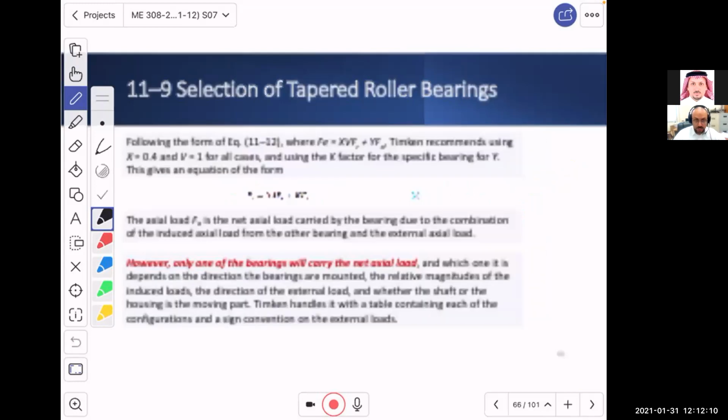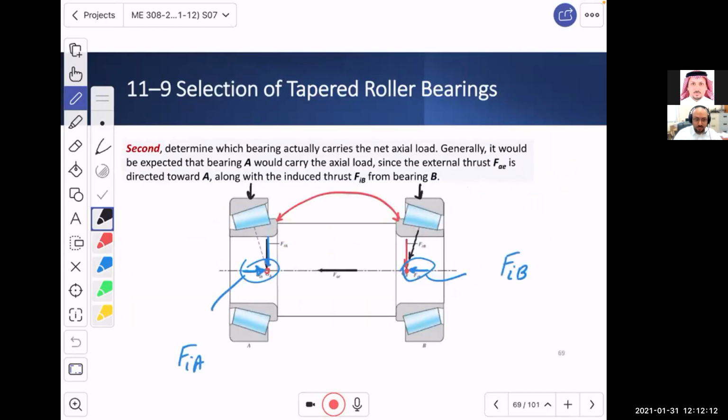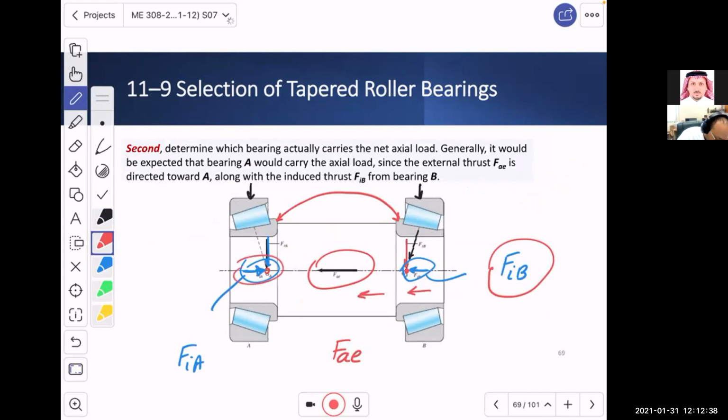Now, what happens is this. What you need to know is the following. If you look here, this is FAE, the applied axial load, or the external axial load, whatever it is. This has nothing to do with the bearings. And then we have this one going in the same direction, and we have this one going in the opposite direction.